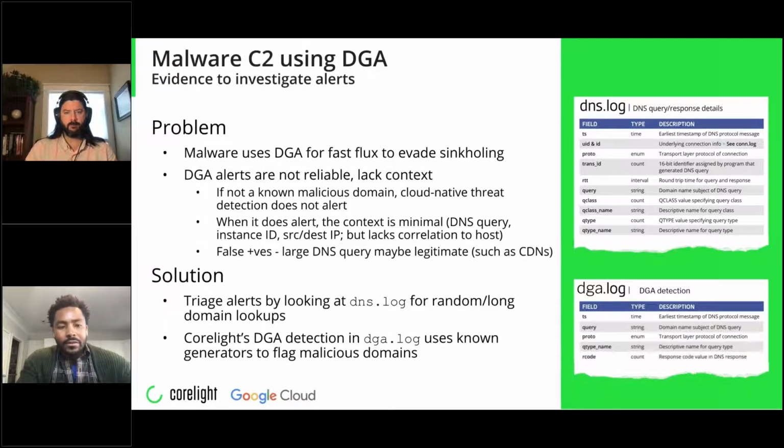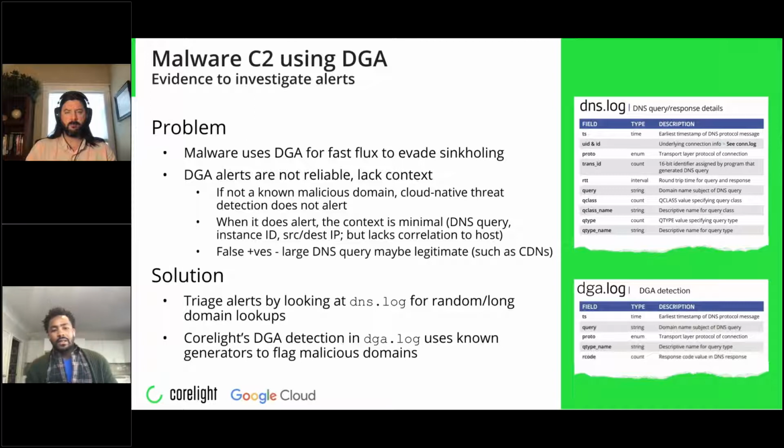So I'm sure everyone is familiar with what DGA is, but as a refresher, domain generation algorithms are randomized domains generated by a malware program that allows it to establish communications or register domains to evade sinkholing. This is a common practice for many malware creators and a path to evading what should be static-based detections or static-based prevention controls.